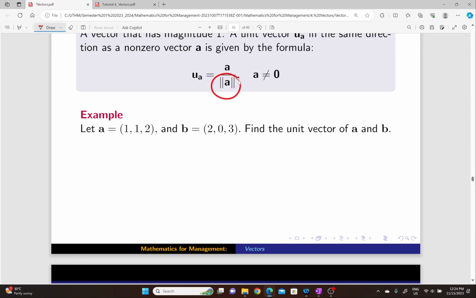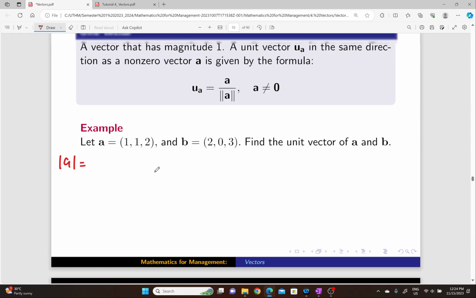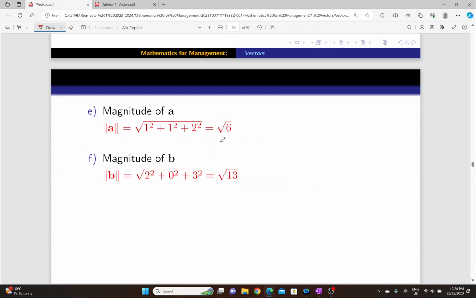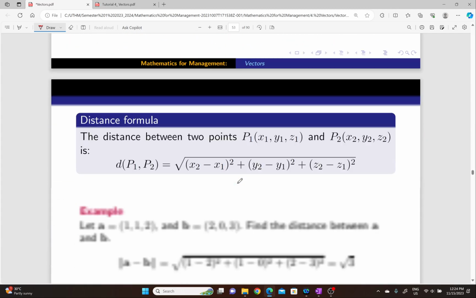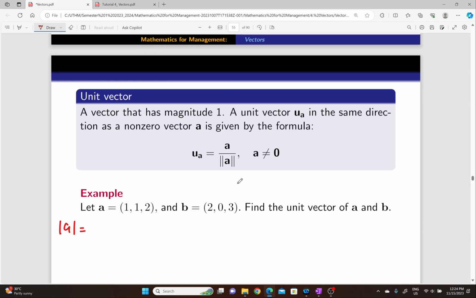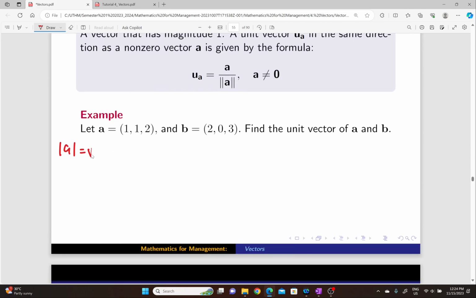Just now we found the magnitude already. The magnitude of A, remember, is for the vector 1, 1, 2, so root 6. The magnitude of B is root 13.